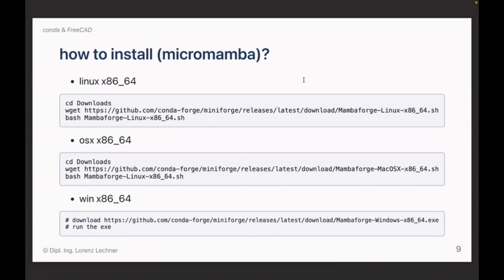The shell script includes all the packages needed for the minimal conda installation. I am not going into details. I will share the slides anyways, so you can look it up, but it's also very easy to find these downloads via Google or something.